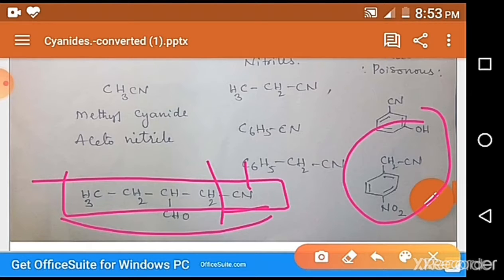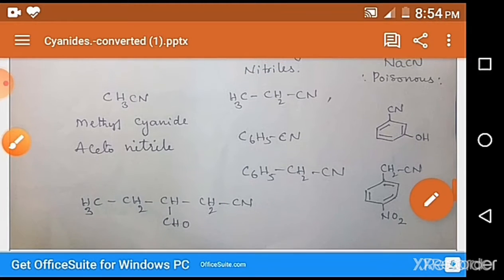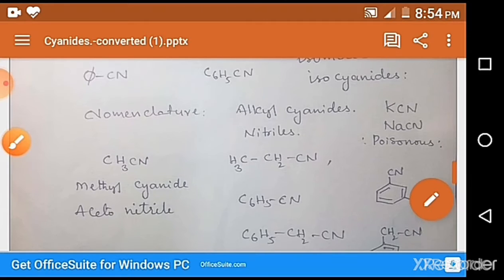So 1, 2, 3, 4, butyl, n-butyl, 2-formyl n-butyl cyanide. In IUPAC, this is pentanenitrile, but in the third position we have a formyl group, so 3-formylpentanenitrile. So these are the different names of different cyanides.